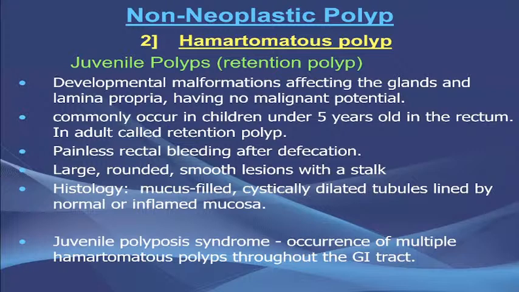Juvenile polyposis syndrome, on the other hand, is the occurrence of multiple hamartomatous polyps throughout the GI tract. Okay, so such syndromes as Peutz-Jeghers syndrome, which is a hamartomatous polyp.